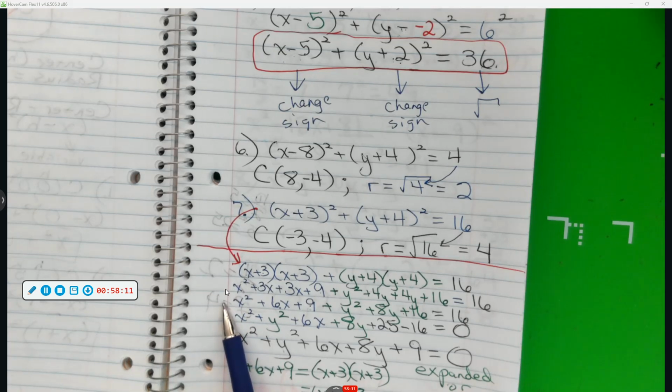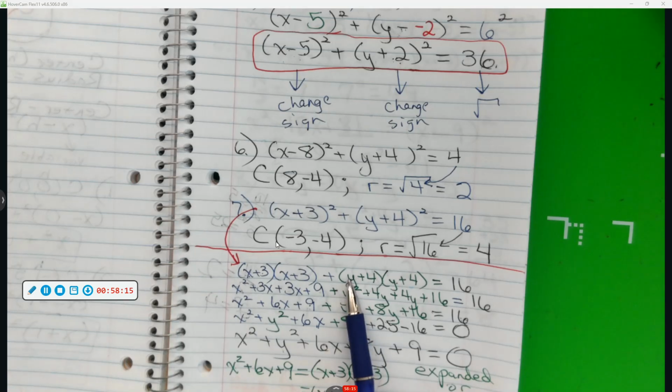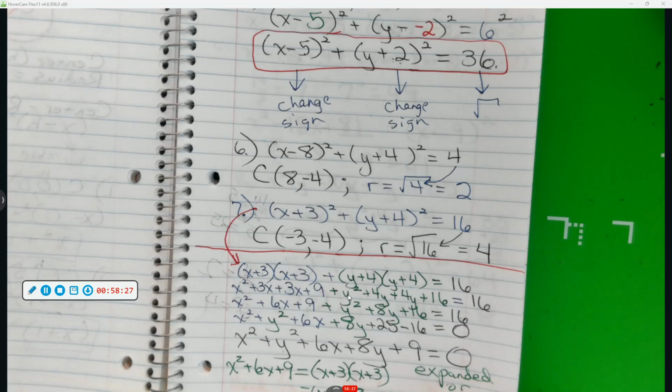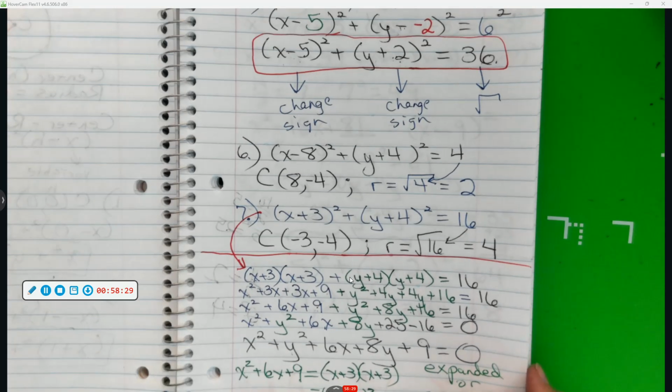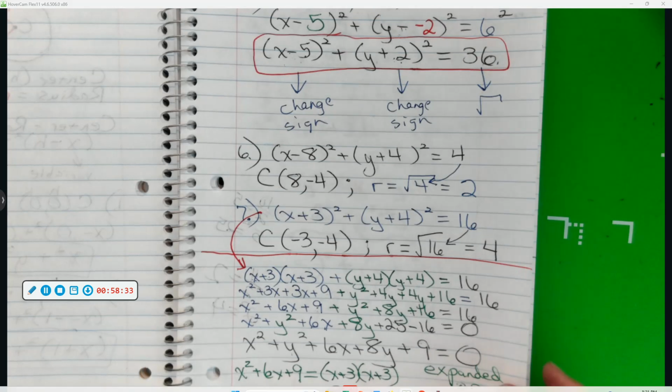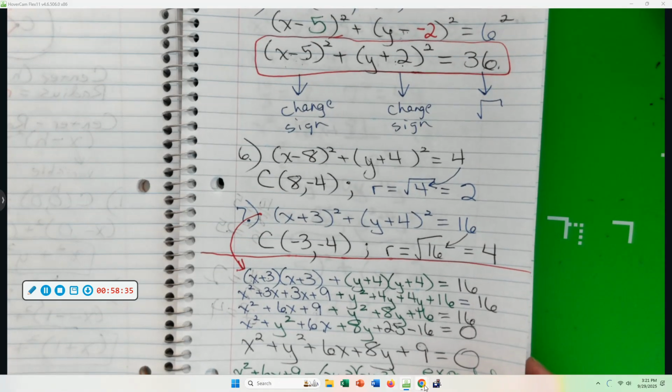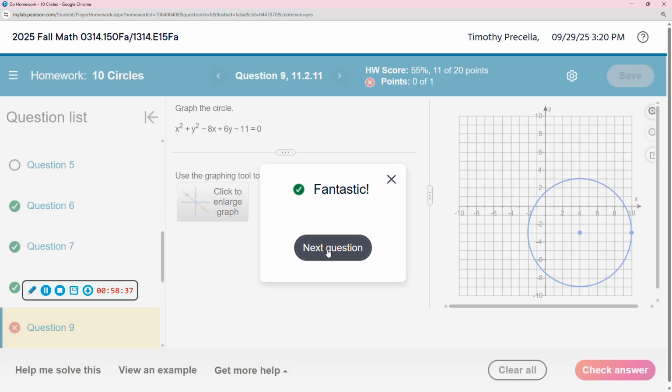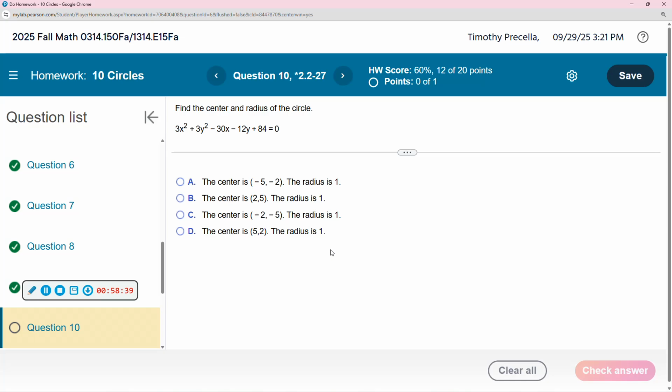The leading coefficient needs to be a 1. The same thing is true here. Y times y is just a 1y squared. The leading coefficients must be 1 for these equations to represent circles. And if that leading coefficient is something other than 1, then we're going to have to change it so that it is a 1. Any questions there?